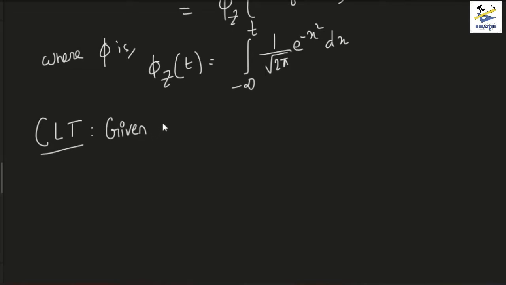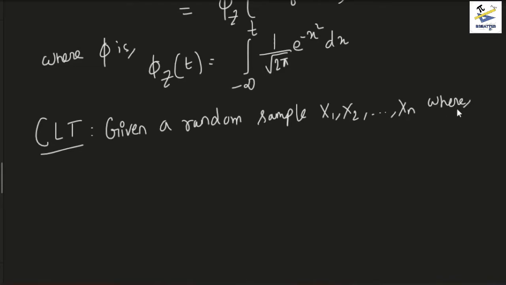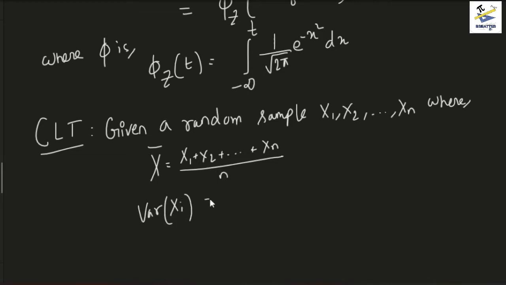Given a random sample x1 to xn, where x bar is (x1 plus x2 plus up to xn) by n, and the variance of xi is sigma square, less than infinity.